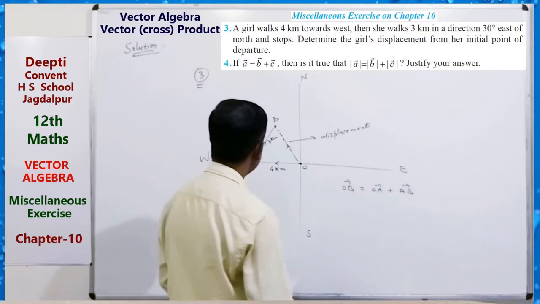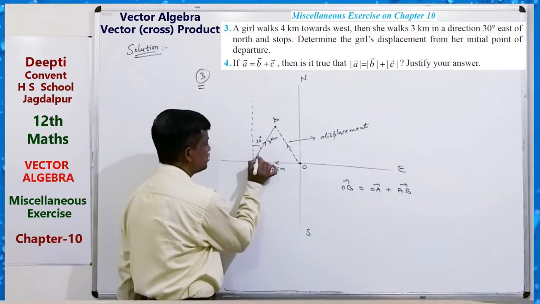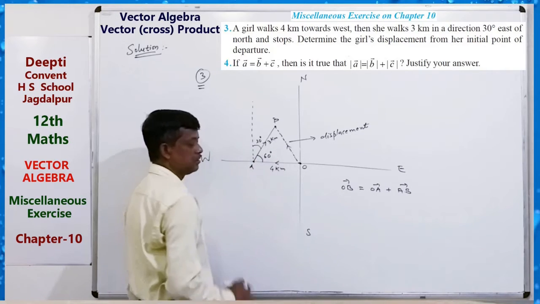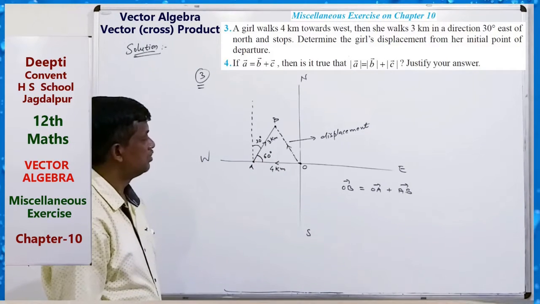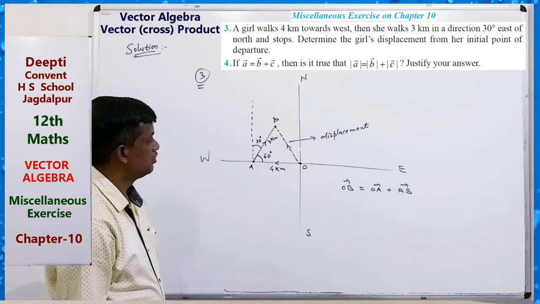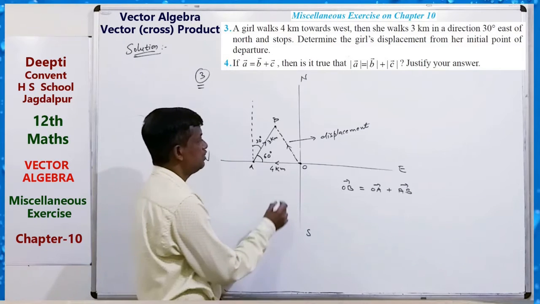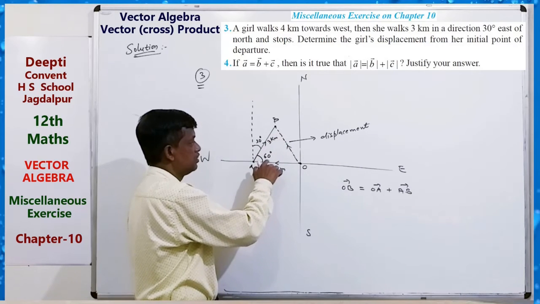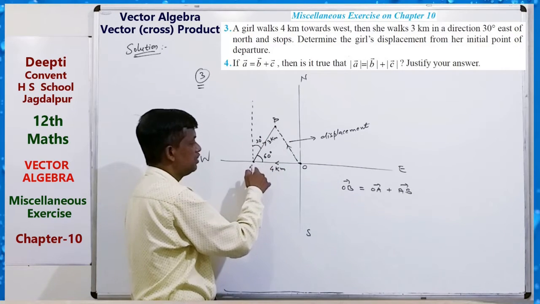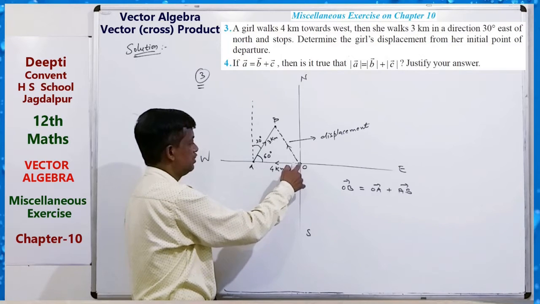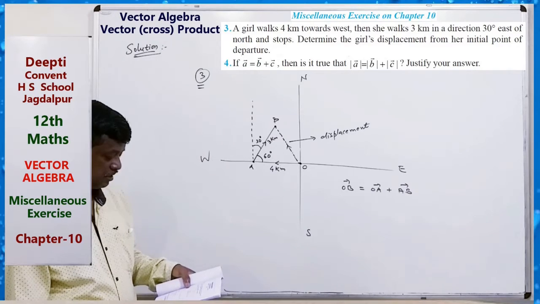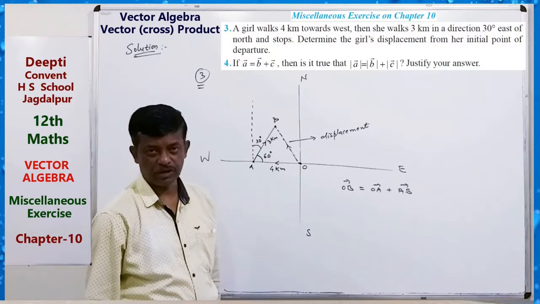Here how many degree? This is 30 degree. This is 60 degree. Now, how can you find the value of this AB and OA? So we have to find here OA equals what?